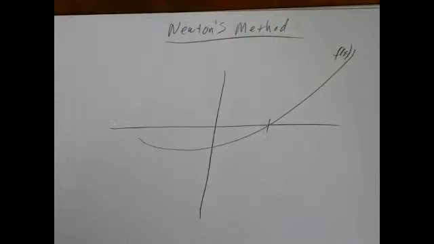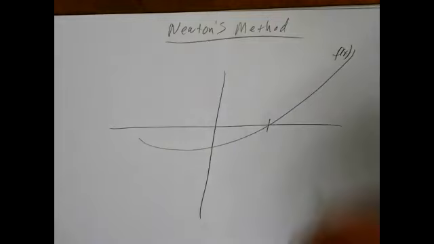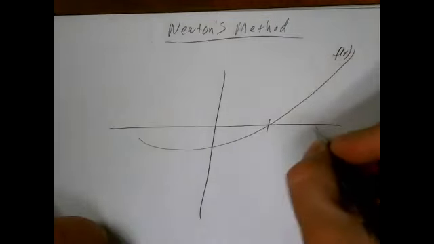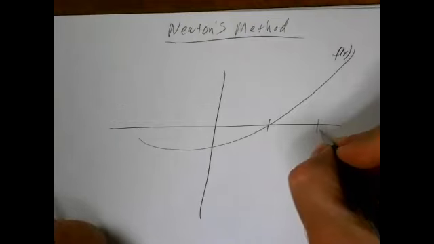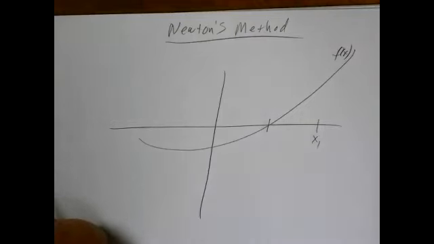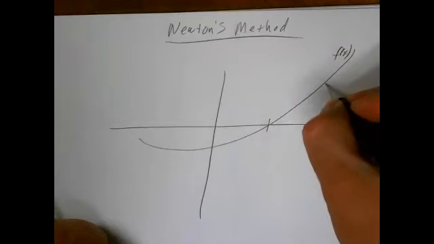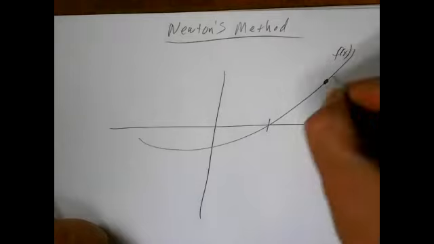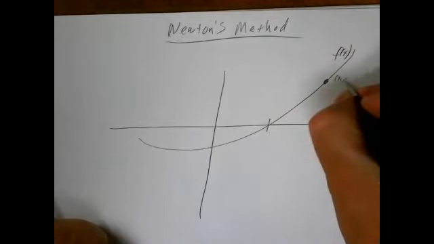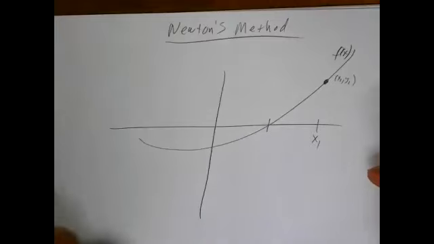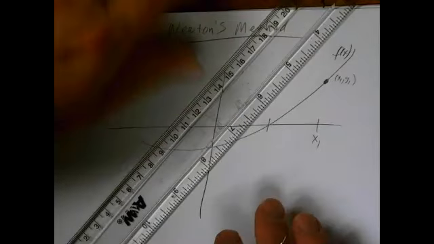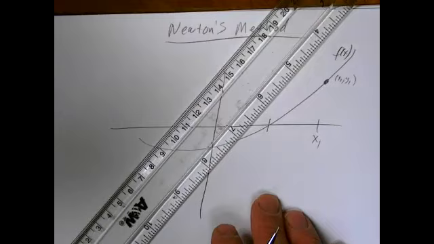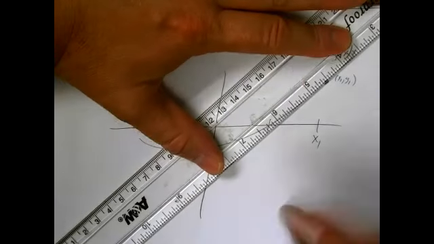The idea here is that you would make pretty much just a fairly random guess. So you say, I'm going to guess that the zero, the x-intercept, is at some number x sub 1. You come up on the function to the corresponding point, x sub 1, y sub 1, and you construct the tangent line to the curve at that point.